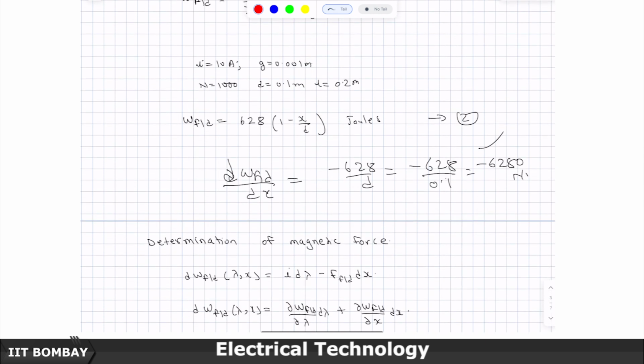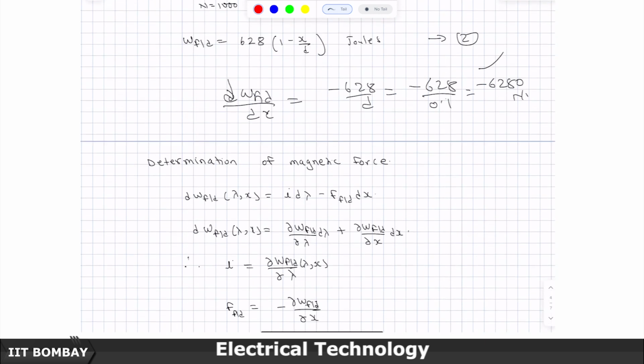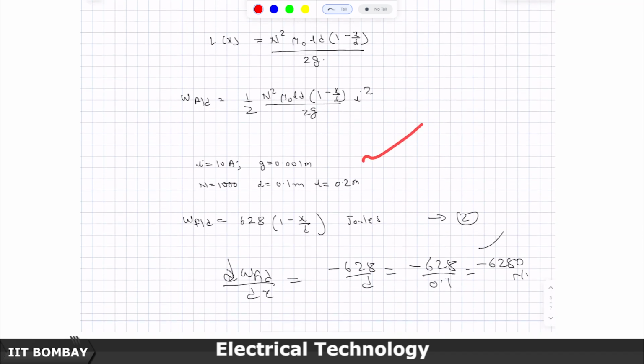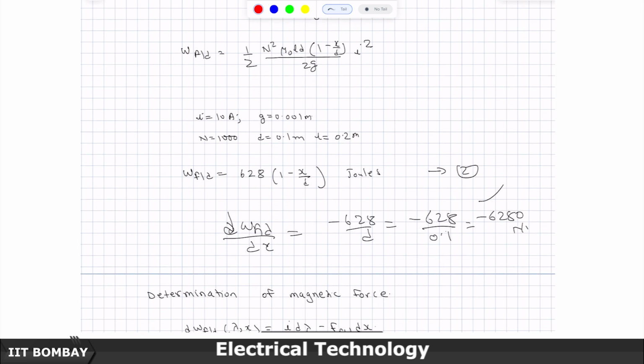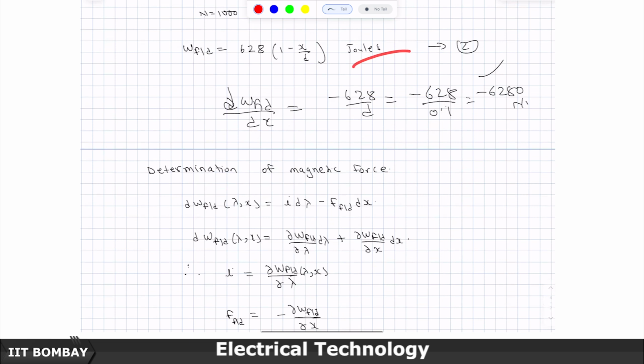It requires something extra to be done to keep the current constant, unlike voltage sources which are naturally available in a battery or something. Current sources are not naturally available. If you want to create that gadget, it has to be a controlled system. More about that later. Anyway, because you are connecting it with a constant current source, the field energy W_fld turns out to be so many units, being joules.